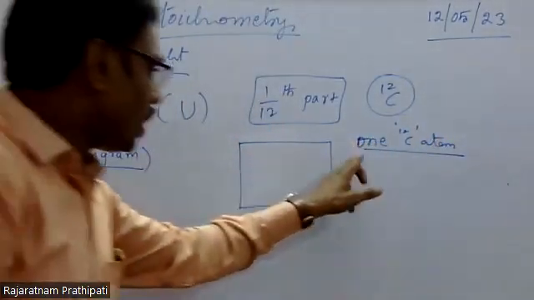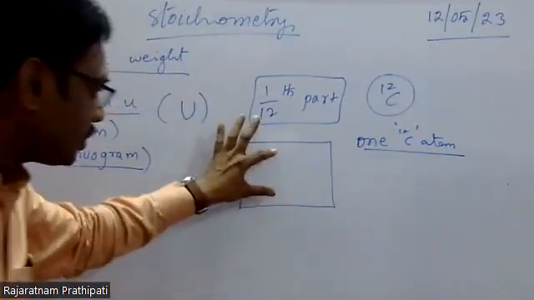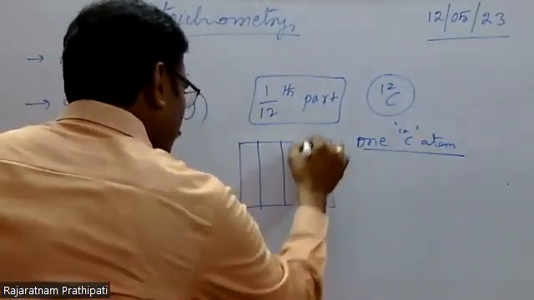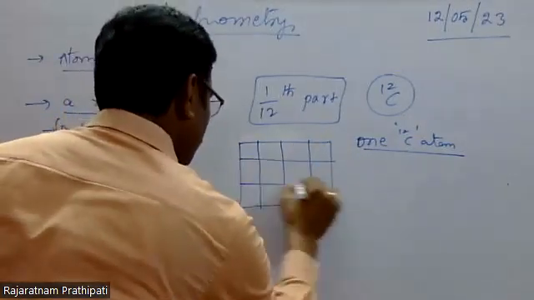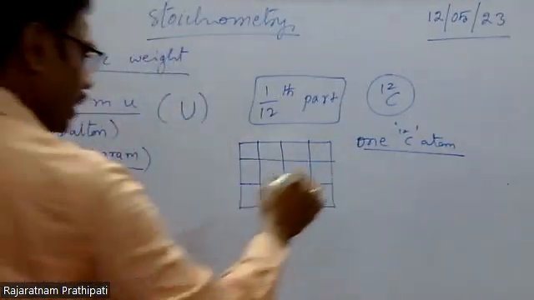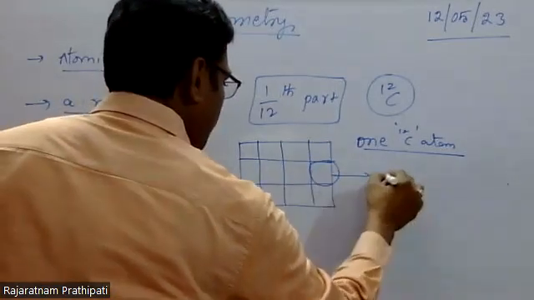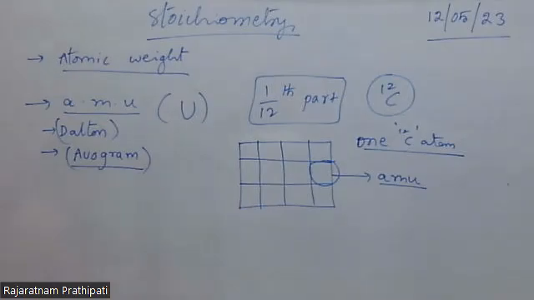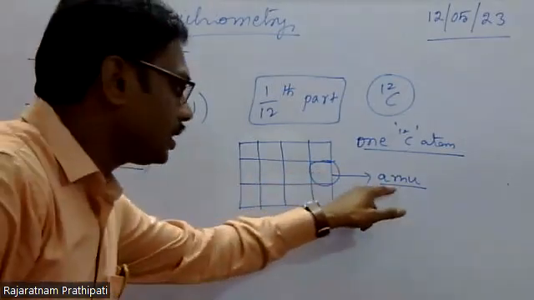If you consider one atom of the C12 isotope, this is the mass. If you divide this into 12 parts, here this part is considered as AMU.